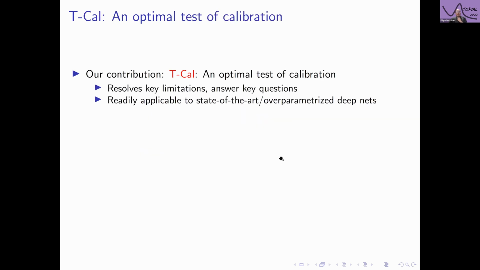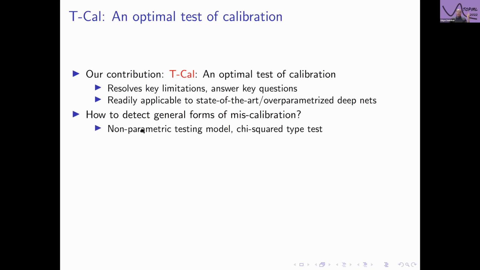Our work proposes a method called TCal, which is a test of the calibration of predictive models, multi-class classifiers. I'll try to convince you how it answers some of these questions. And in addition, I'll show some experiments showing that it can be readily applied to test if any big, deep neural net is calibrated or not.